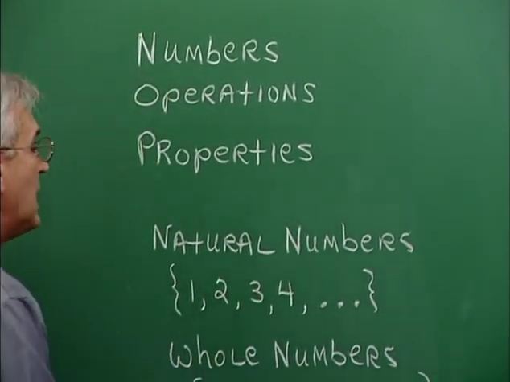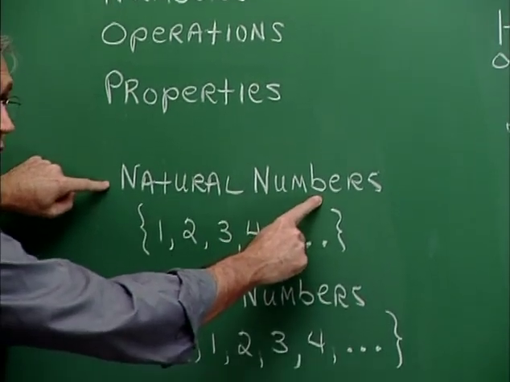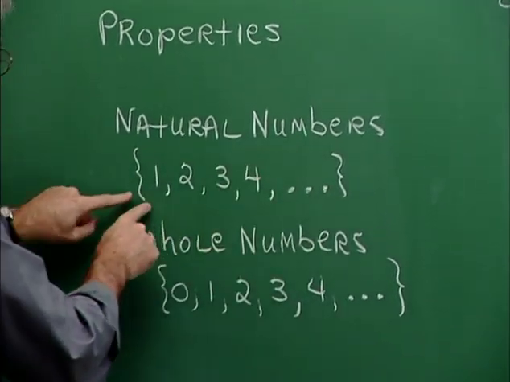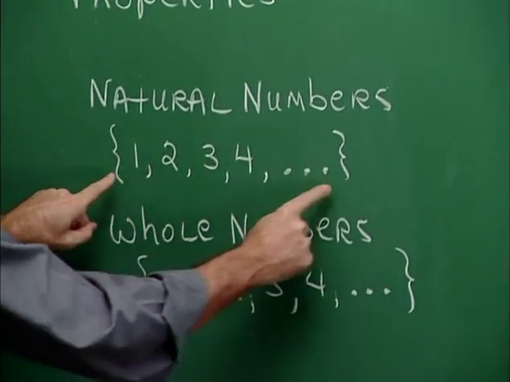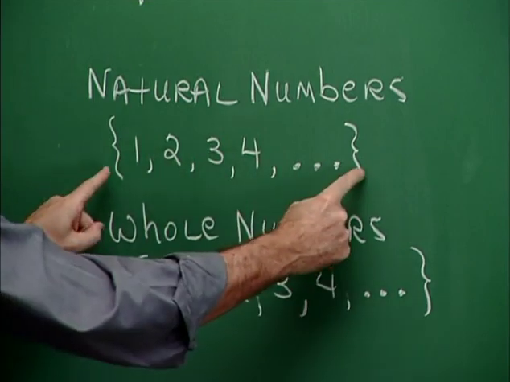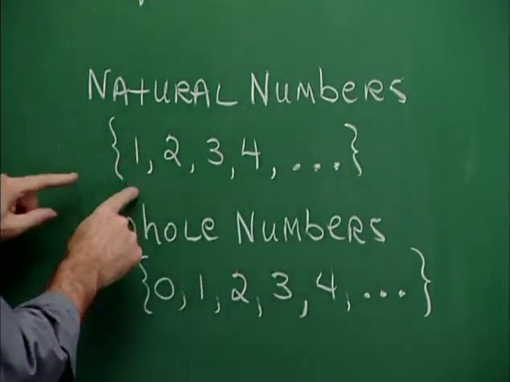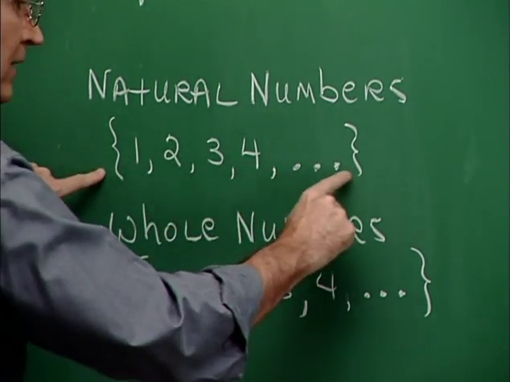Let's talk about numbers. Now, we'll start with a set of numbers called natural numbers, and natural numbers are illustrated like this. It's the set consisting of, and these symbols mean we have a set here, and the items between these symbols represent the items within the set. So the set consists of 1, 2, 3, 4, and so on.